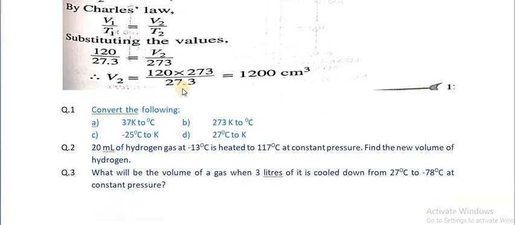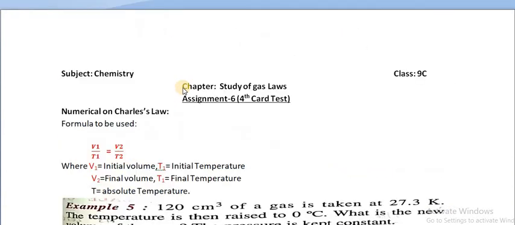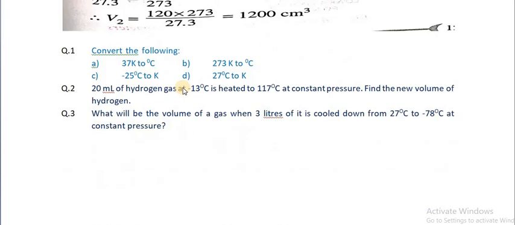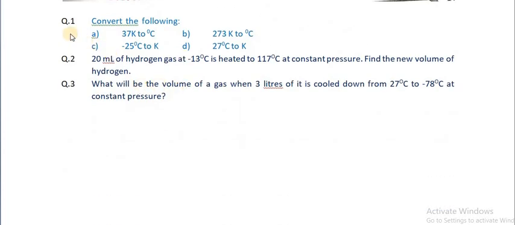Now the assignment for today, that will be assignment number 6, for the fourth part test. Question number 1 is: convert the following. The first is 37 Kelvin to degree Celsius. Then 270 Kelvin to degree Celsius.